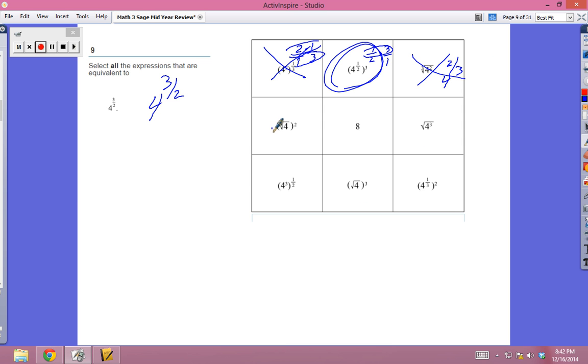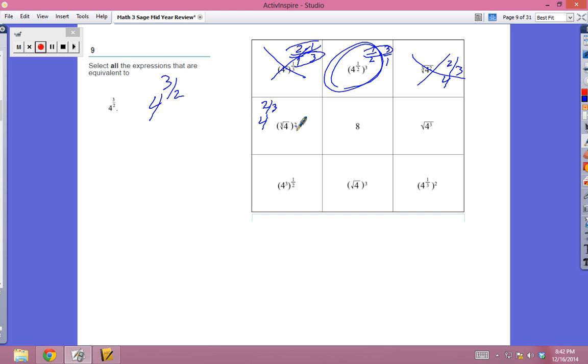Okay, this one, the cube root of 4 squared, that one, oh man, that's a good one. The cube root of 4 squared, is that the same as this? 4 to the 2/3.